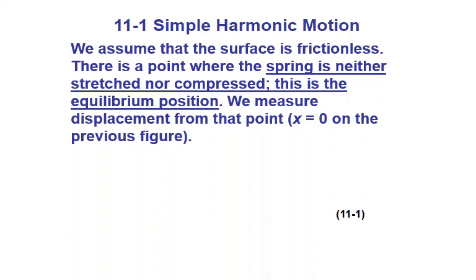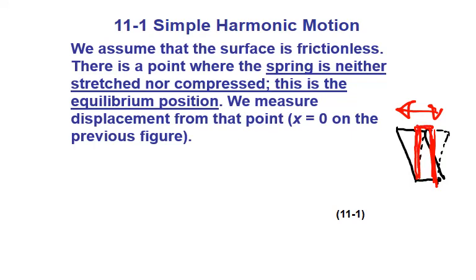So in simple harmonic motion, we have to assume that with this building, when it's shifting back and forth, obviously this is exaggerated, but when that building's actually in the middle, where it's supposed to be, it's neither stretched nor compressed.